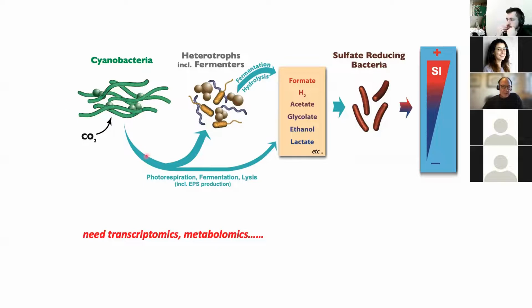Now, it really depends on the products of this breakdown of the macromolecules what the overall result will be. If you have sulfate reducers using formate or hydrogen, you get a relatively large change in saturation index. If you have other compounds like lactate, actually you lower the saturation index.